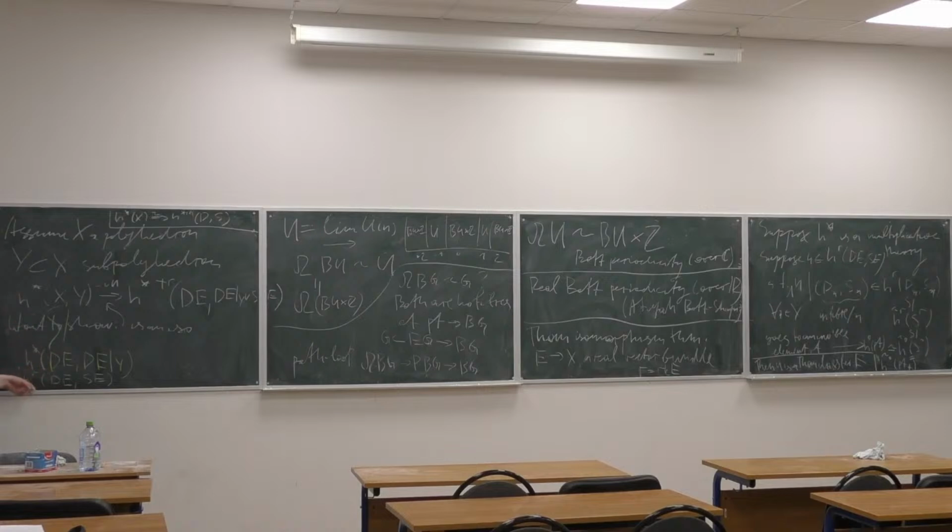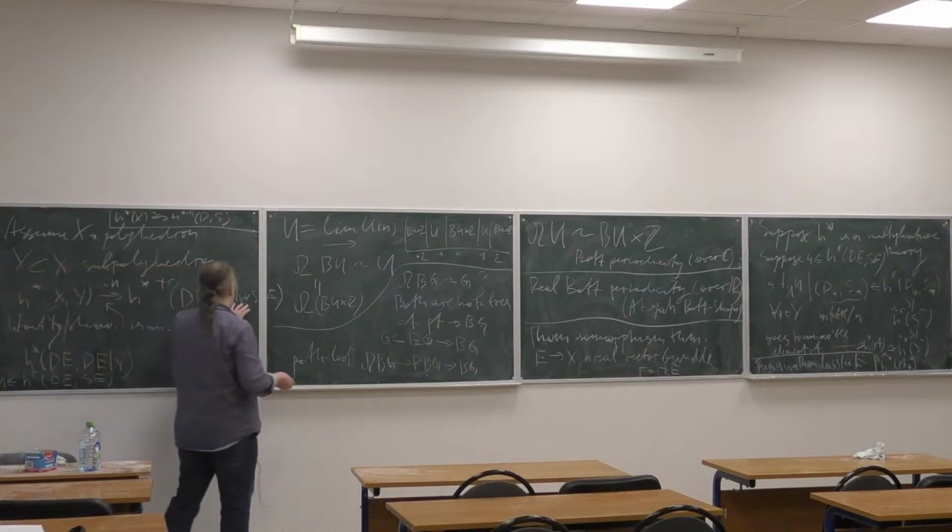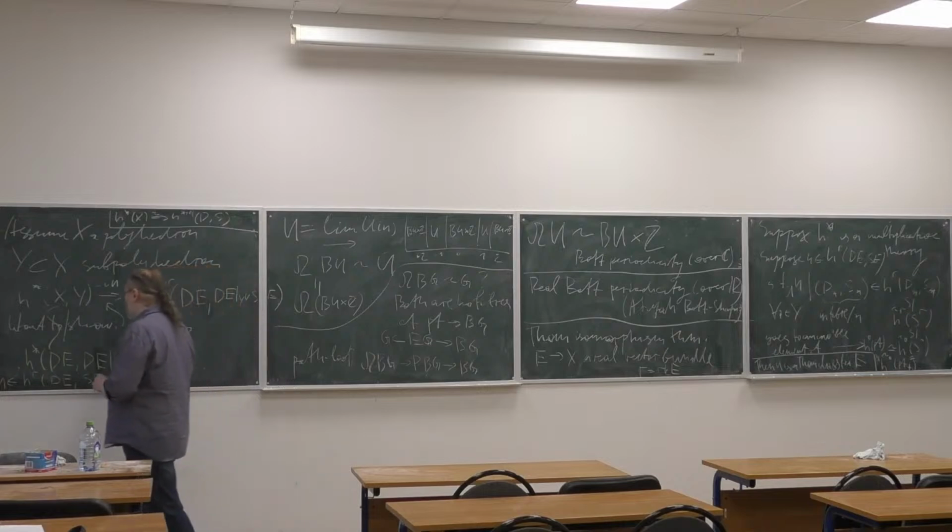Well, we get something in the cohomology of the big space modulo the union of the things we have, which is why we get this union here.